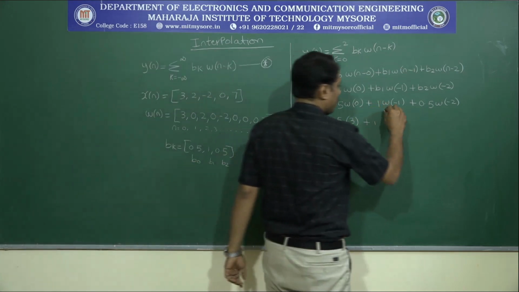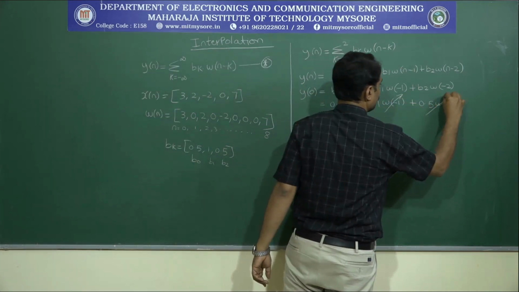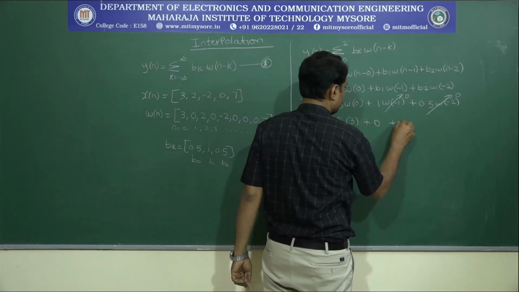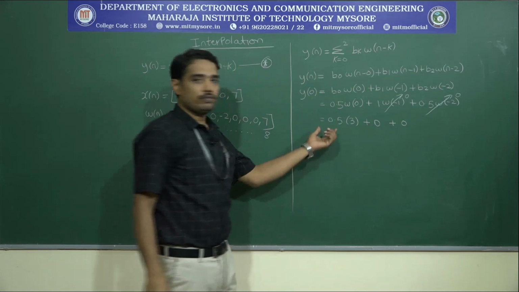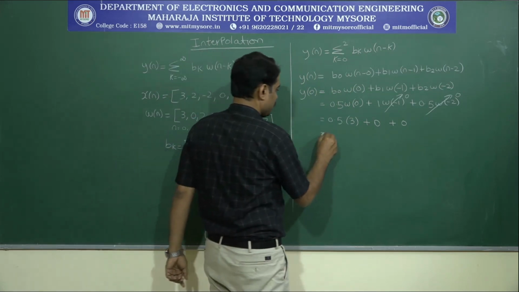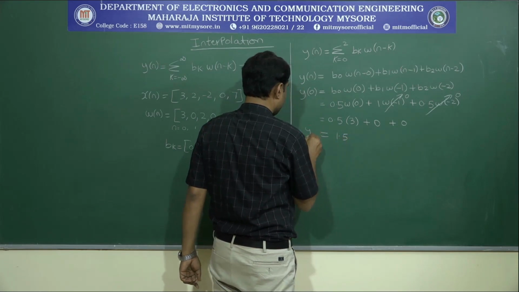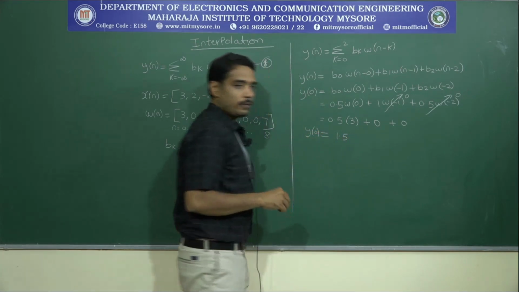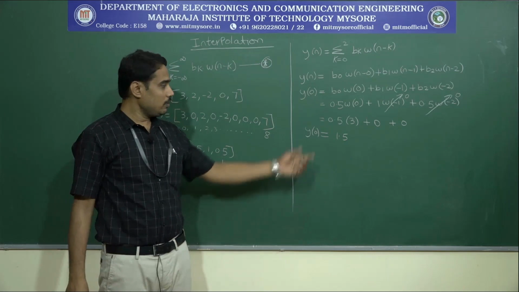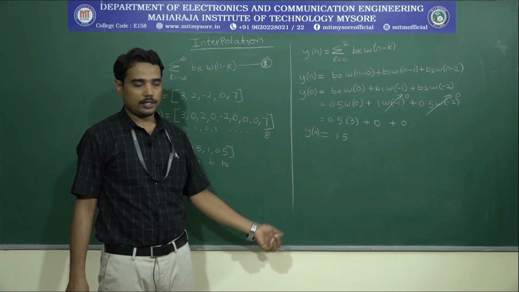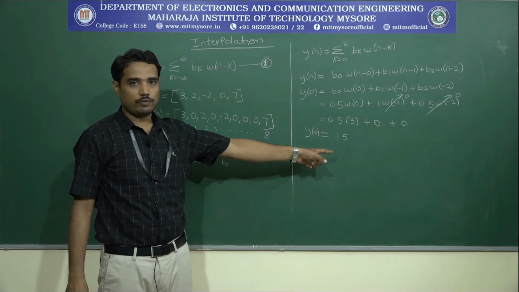So this minus 1 and minus 2 go to 0. These two parts will become 0. So what are we left with? We are left with 0.5 into 3, that is given by 1.5. This is y of 0. Similarly, we have to find y of 1, y of 2, y of 3 up to y of 8. Next, let us solve for y of 1.